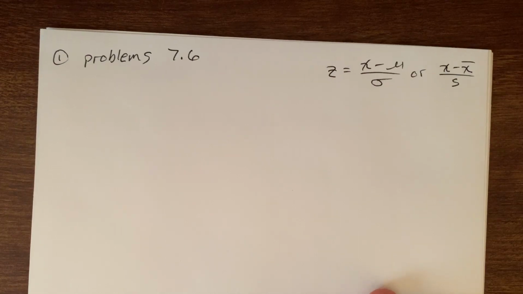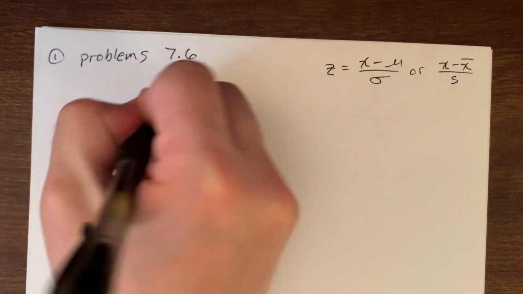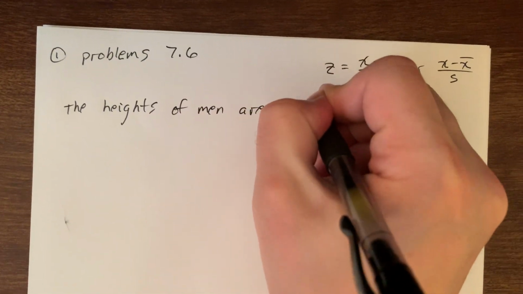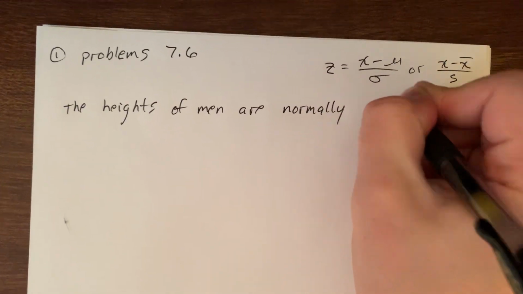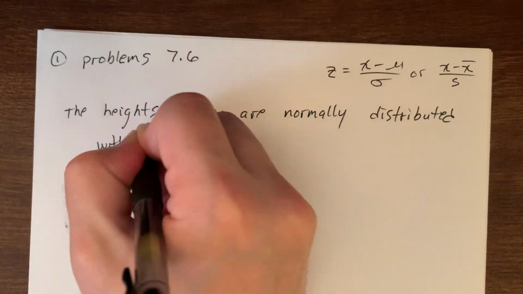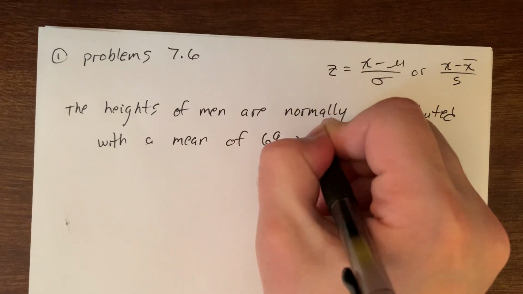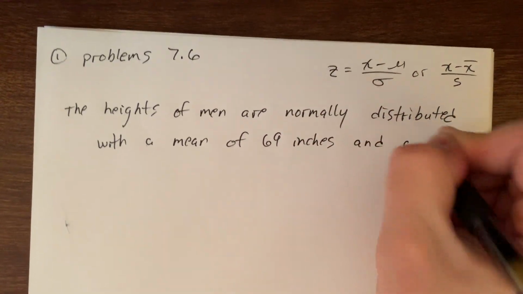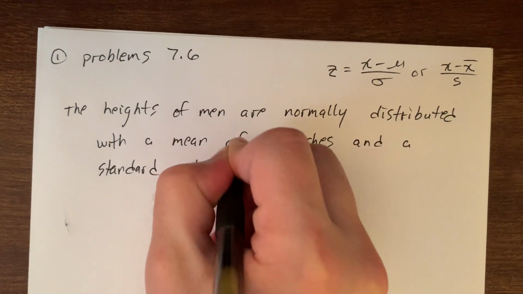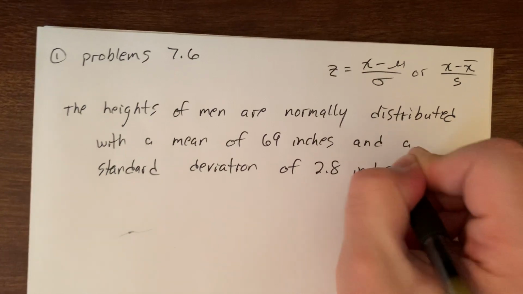My first problem, I'm going to talk about the heights of men are normally distributed with a mean of 69 inches and a standard deviation of 2.8 inches.